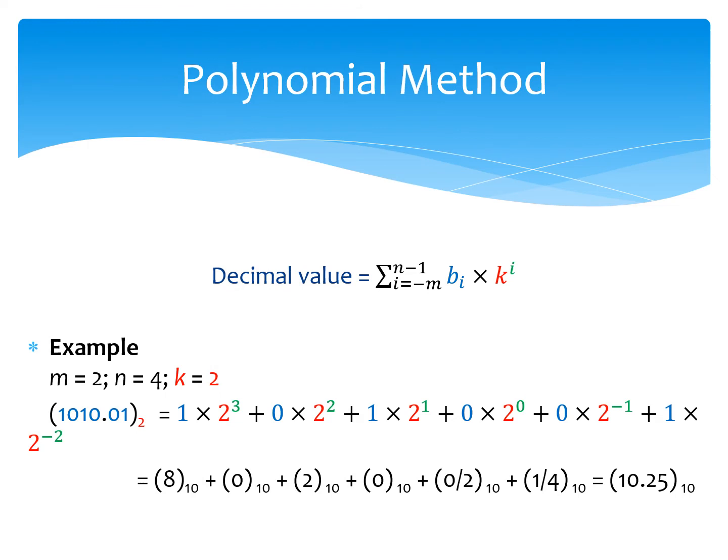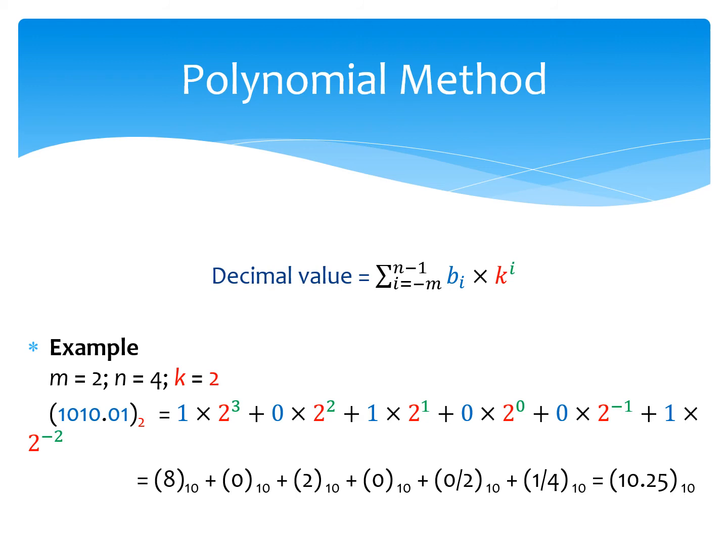We will demonstrate the polynomial method using the example on the screen. In the equation, the symbol m is the number of digits on the right of the decimal point. In this example, we have 2 digits on the right of the decimal point.